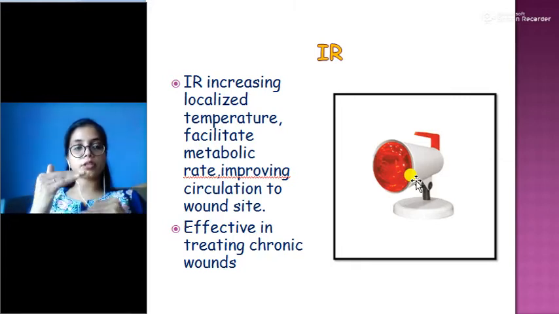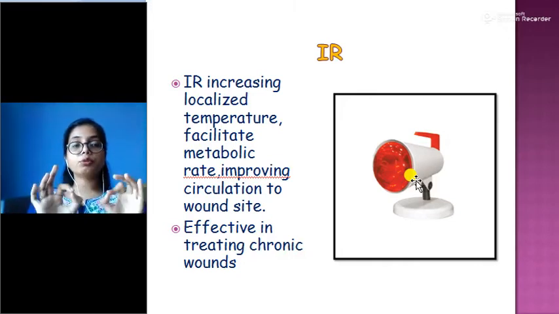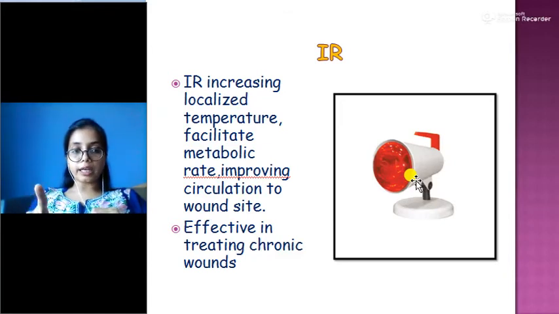All the metabolites are flushed out, with a better blood supply and better healing. IR is used in treating chronic wounds. No heating modality is ever given in an acute wound. Whenever you hear of a heating modality given for a wound, it is always given in chronic wounds, when the inflammation subsides, or else it will exaggerate the inflammation.